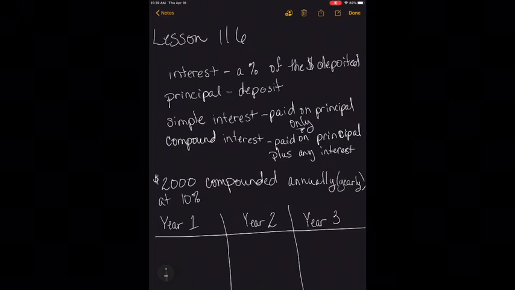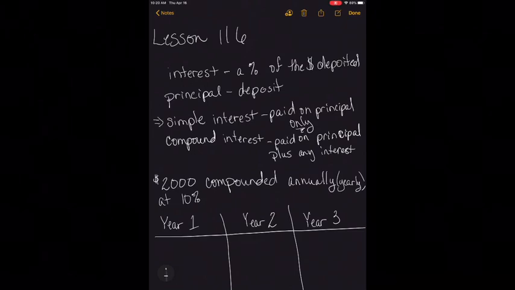Okay, so my question to you is, which is better, simple interest or compound interest? This is also something to think about when you think about credit cards, because credit cards can be really dangerous, and I think a lot of people don't understand how they work. But you will understand because you are learning about it.